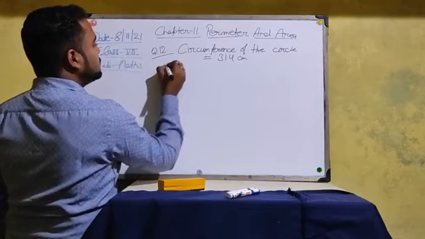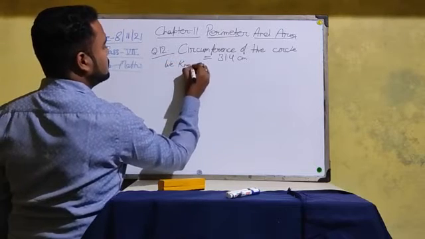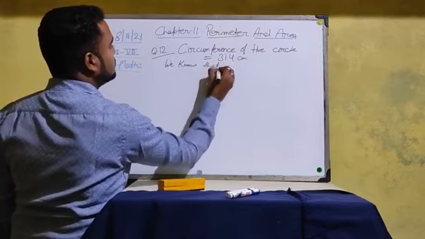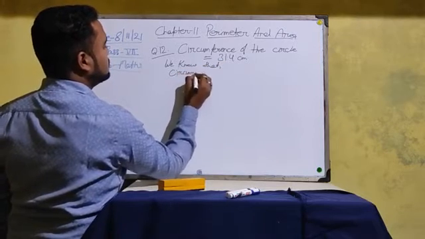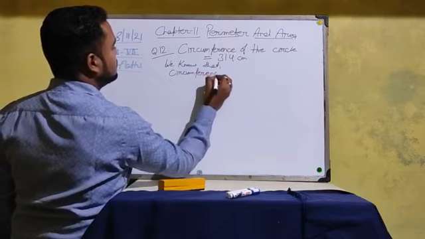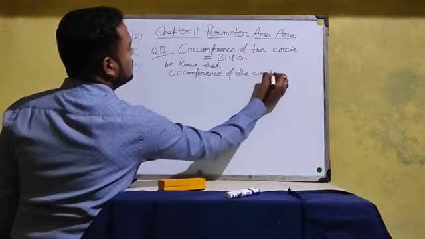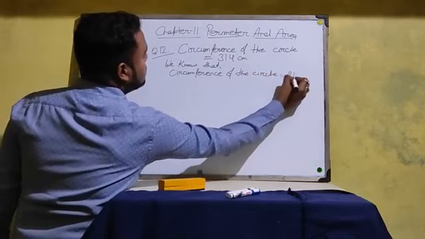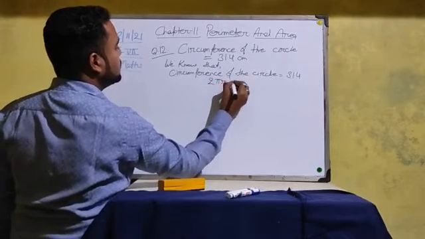So as we know, the circumference of the circle, the numerical value is 31.4, and the formula for that is 2 pi r.